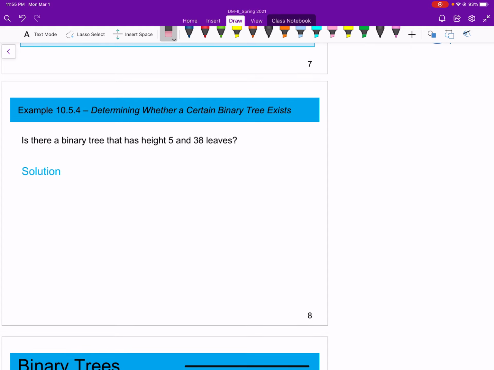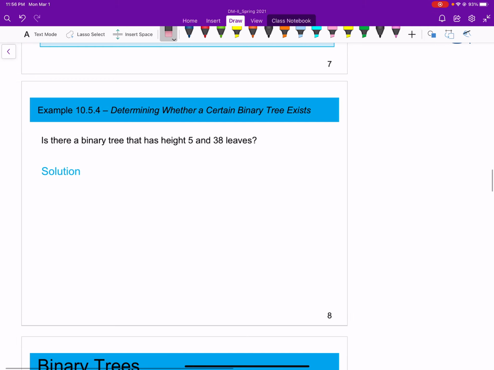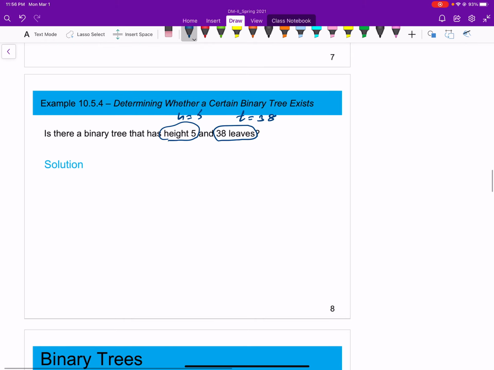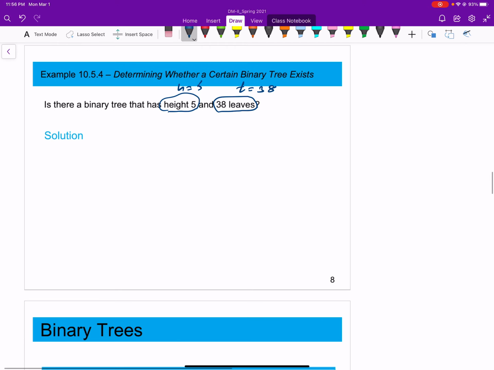Is there a binary tree that has height 5 and 38 leaves? Okay, height is 5, which is h, and 38 leaves, that means t is 38. All right.